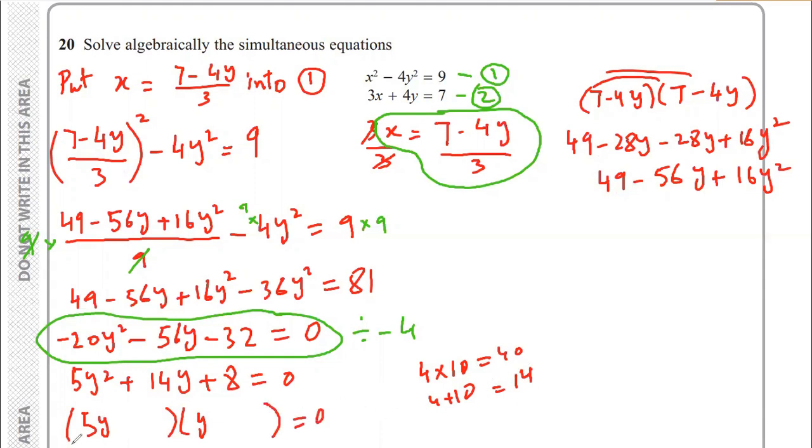As I put 5y in one of the brackets, I must divide the factors of 40 by 5. So when I divide it by 5, this turns into 2. So 2 cannot go in the same bracket as 5y, so 2 will go in this bracket here, and the other 4, without any change, will go in this bracket here.